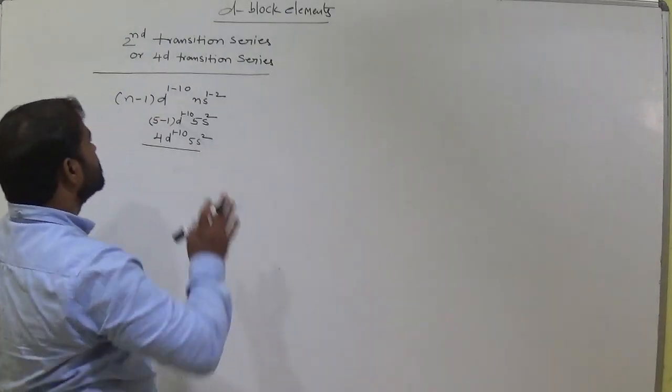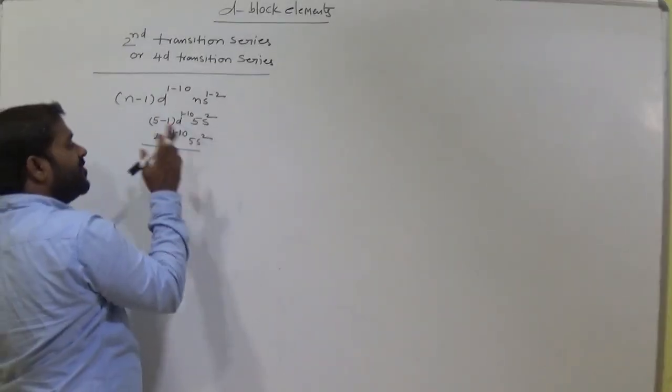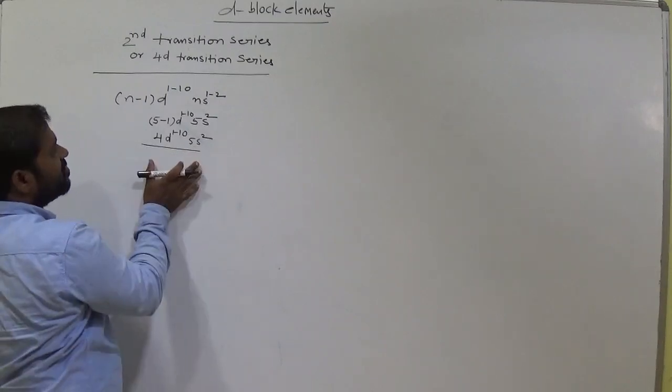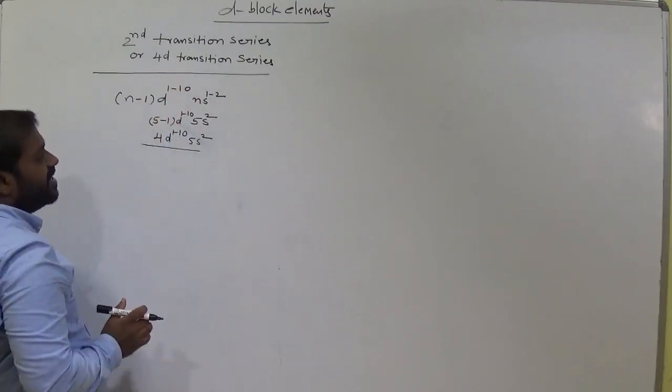Is it clear? So 4D means 4d and 5s. 3D means 3d and 4s. This is the outermost shell configuration of these elements.